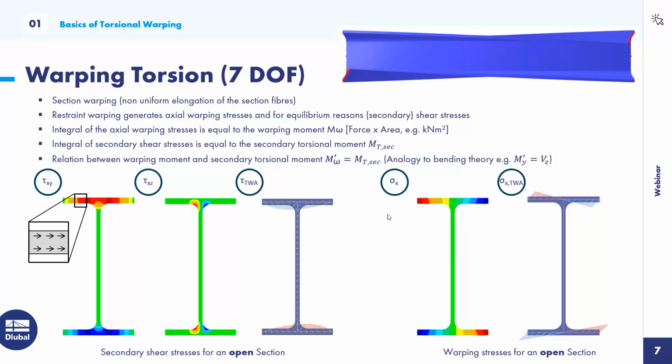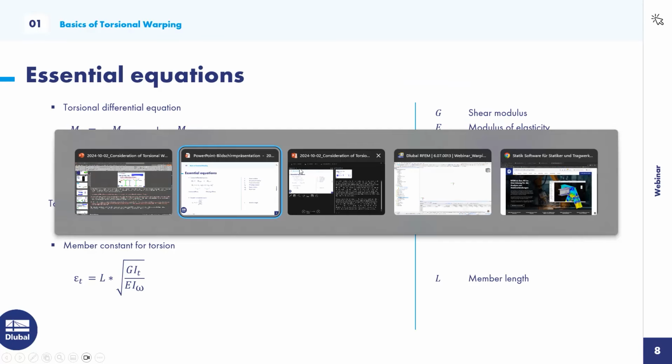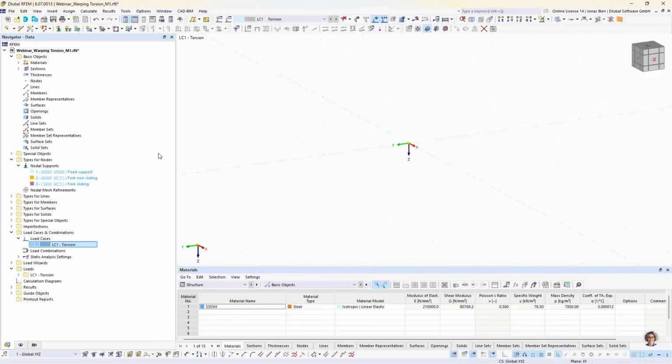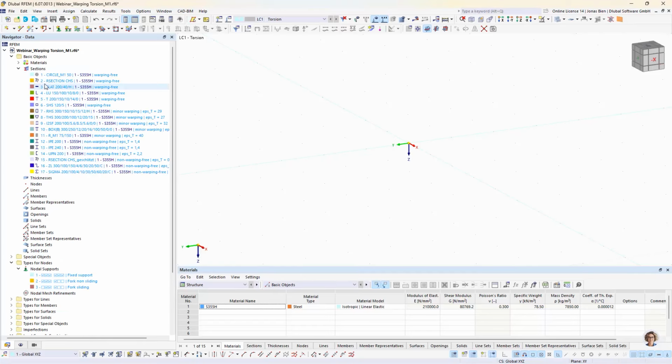The figures that are shown here are, for illustration purposes, taken directly from RFEM, and I want to show you where you can find those to check the stress distribution for any profile that you are working with within the program. So I just have here an empty file.